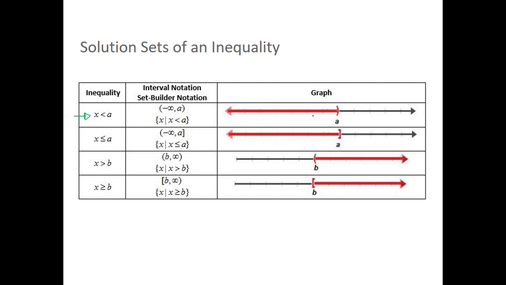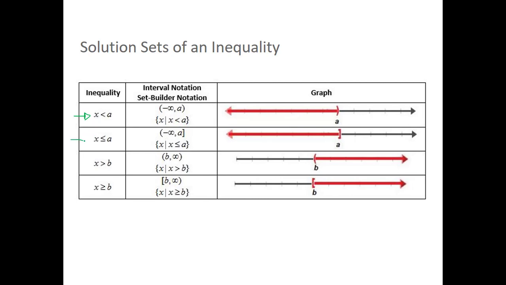So we shade to the left and put a parenthesis on a. Its interval notation is (-∞, a). Its set builder notation is the set of x such that x < a.